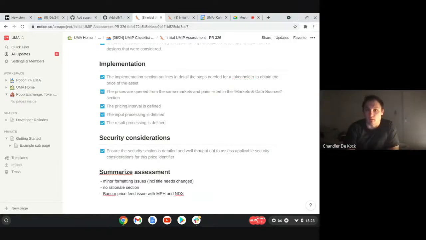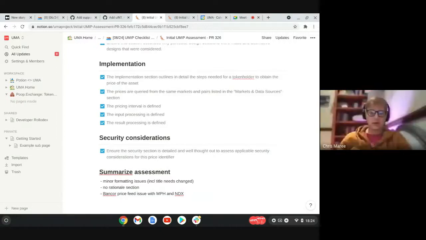I guess the main discussion from their point of view would be how much of a priority this is and when they can get something up and running. So it might actually be useful for me to understand how important this UMIP is from the UMIP writers and what are the implications behind that, so I can translate that to the Bancor team quite effectively.